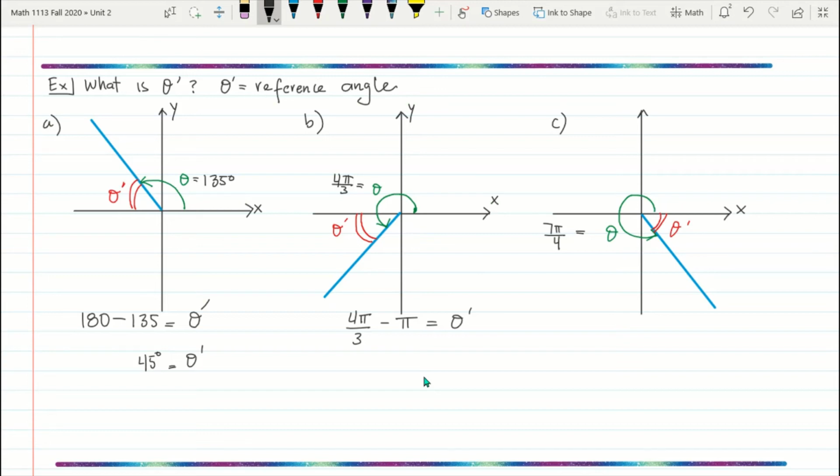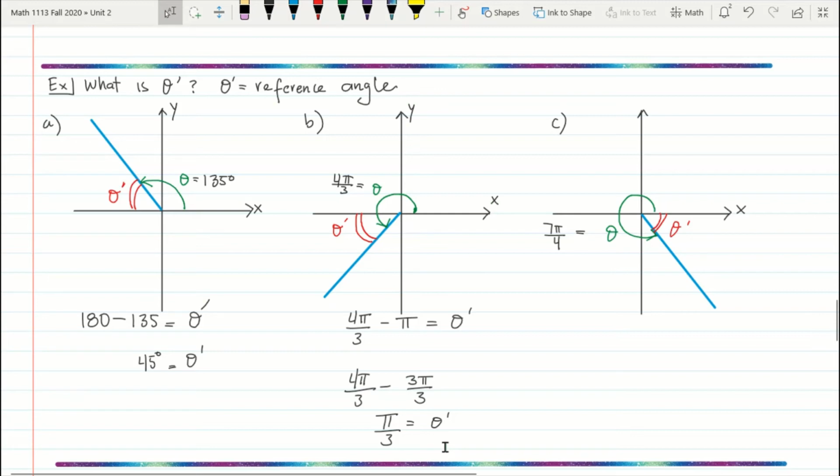Okay, so 4 pi over 3 minus 3 pi over 3, to get the common denominator, is going to give me what? Just pi over 3. So theta prime, or the reference angle, is going to be pi over 3, right? The measurement from the x-axis to here would be pi over 3. That's all that we're saying.